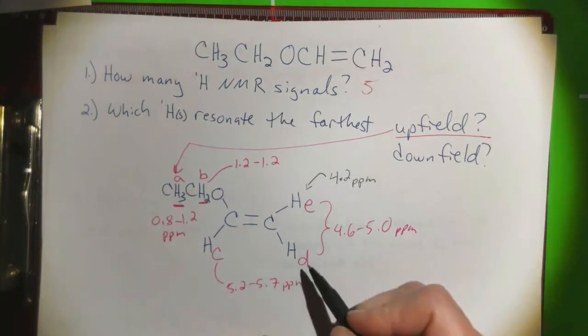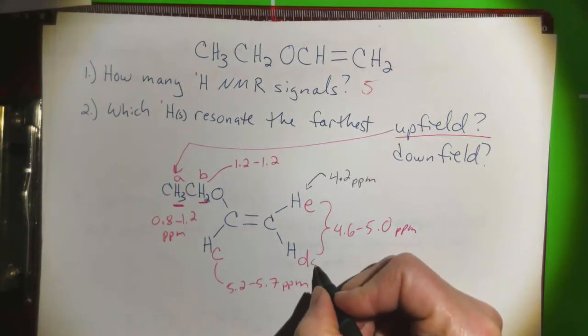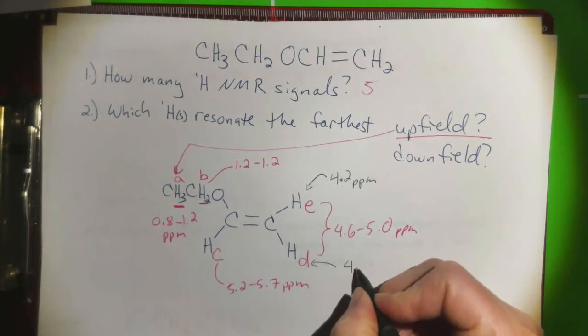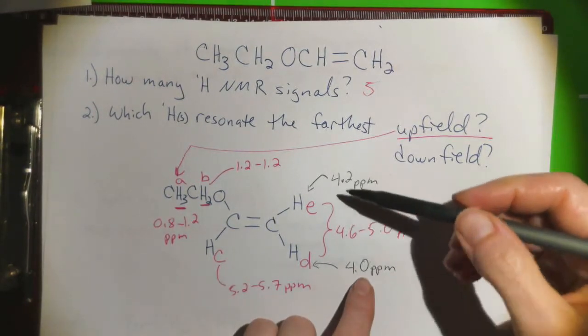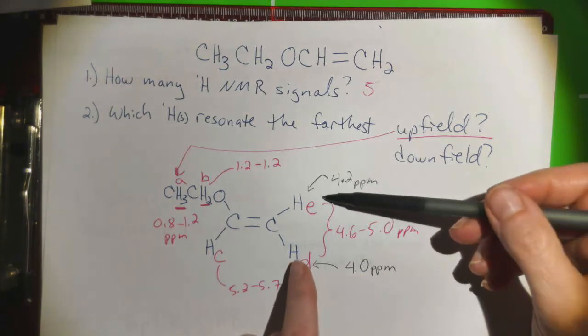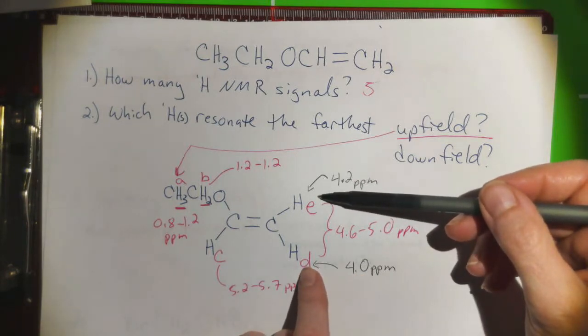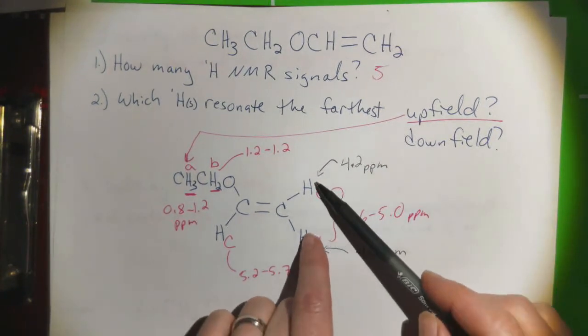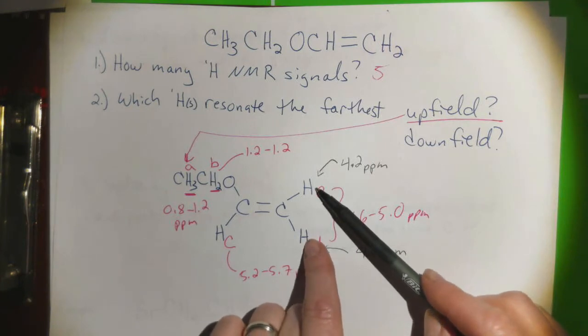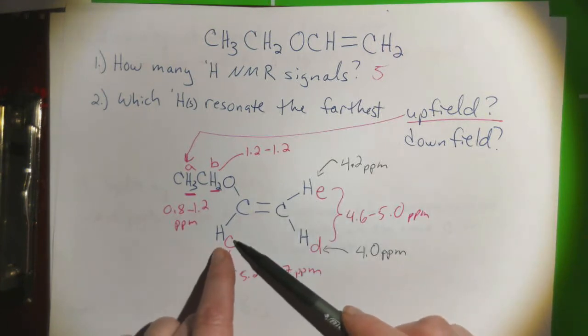Okay. All right, what about HD? That one is actually 4.0 ppm. And if you're wondering, are you expected to be able to say between these two, which one is farther upfield or downfield? No. But I would expect you to tell me the difference between this chemical shift versus this one.